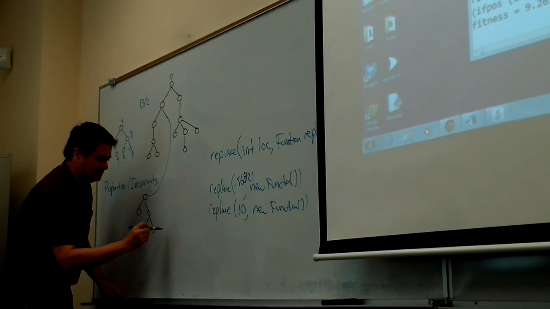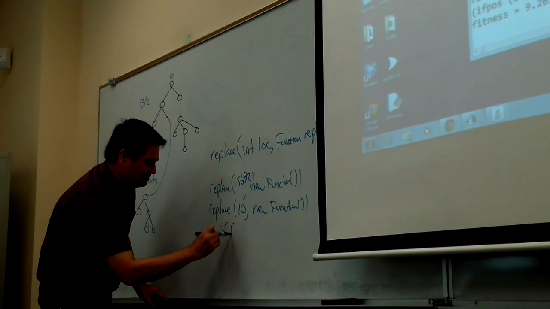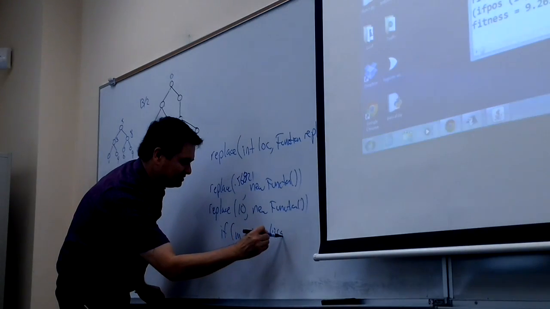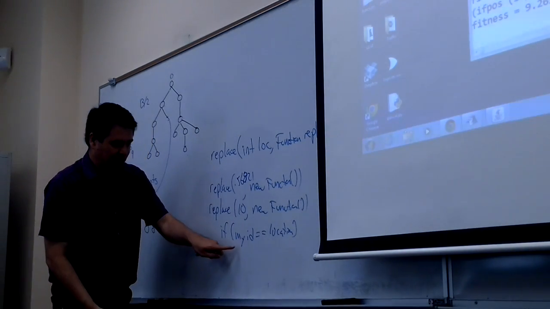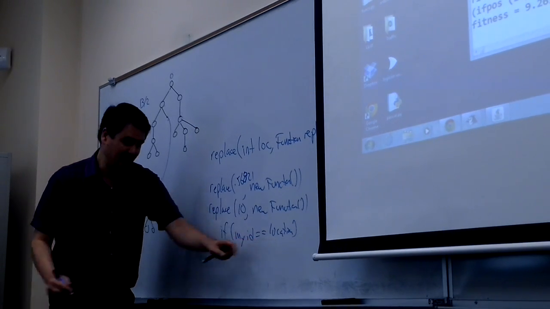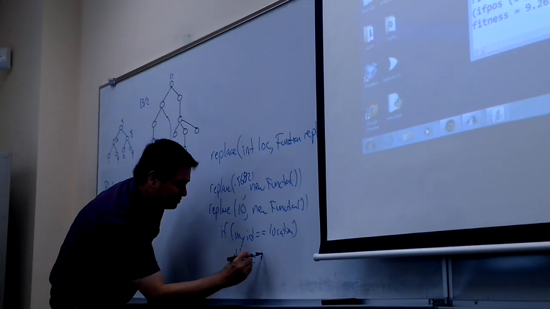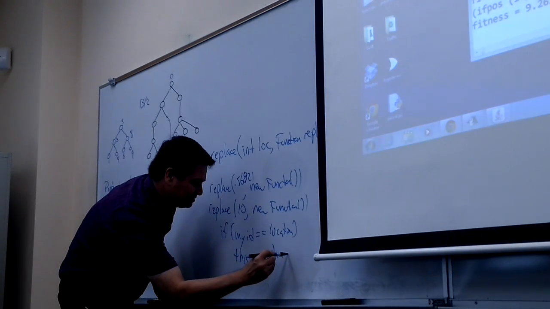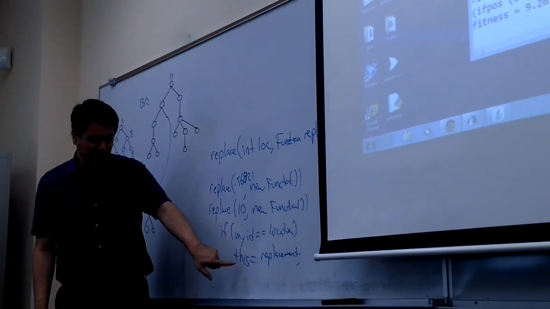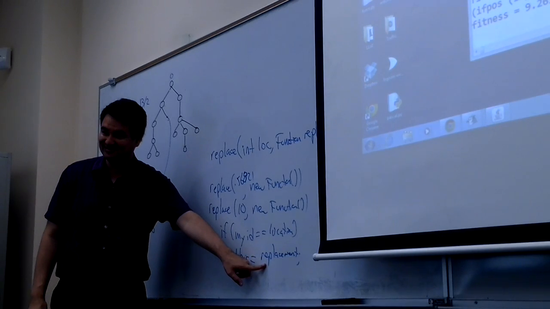The body of this cannot say, if my ID equals location, in other words, if my node number is the one that's been identified to be replaced, then do this equals replacement. I'm trying to say, take me and replace me with a new function.